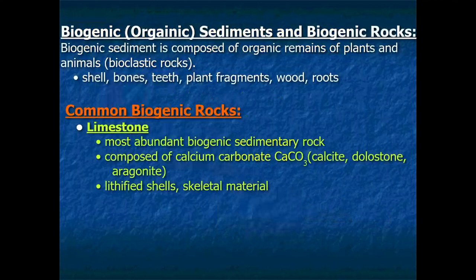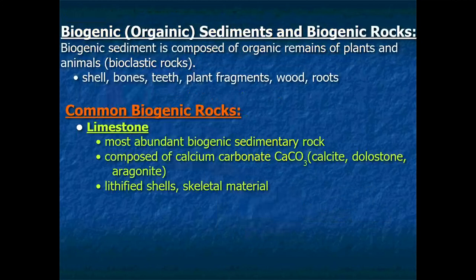Again, these are types of rocks in which the sediment has been lithified, and there's evidence of shell fragments, bones, teeth, plant fragments, wood, roots, anything that's organic would give rise to the biogenic or organic rock. And probably the most abundant organic sedimentary rock on Earth is referred to as a limestone.